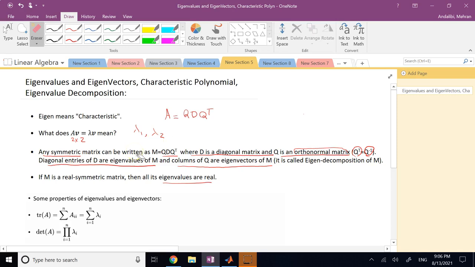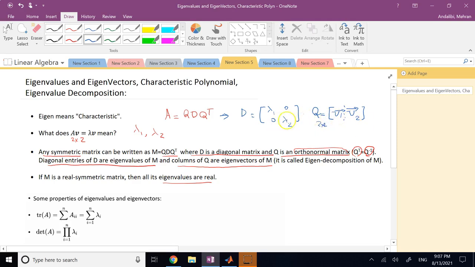What's going to be your Q? Your D is going to be a diagonal matrix with lambda 1 and lambda 2 on the diagonal, and everywhere else, of course, 0. And then your Q matrix is going to be two vectors, V1 and V2, the eigenvectors corresponding to lambda 1 and lambda 2. Each one of these vectors is a 2 by 1, so Q is going to be a 2 by 2.